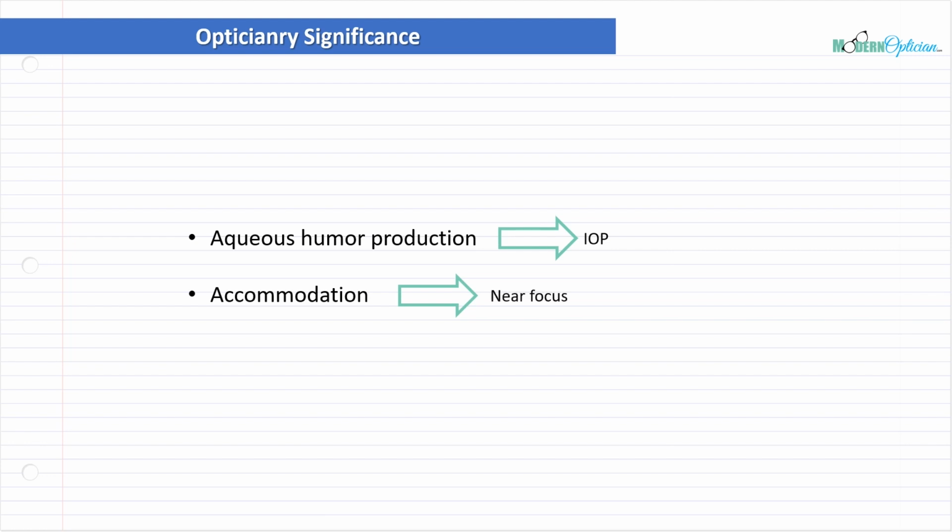Of course, accommodation is all about the near focus of the eye, but even more too. I don't want to go down this rabbit hole just yet. But make a note, circle it, highlight it, do whatever you have to do. Every time you see the word accommodation, I want you to draw notice to it, because you need to know how accommodation works. It's kind of unfair, because I keep saying this and I haven't taught it yet. However, it's coming and it's going to be important. All right, I think that does it for the ciliary body. Let's move on to the next one.